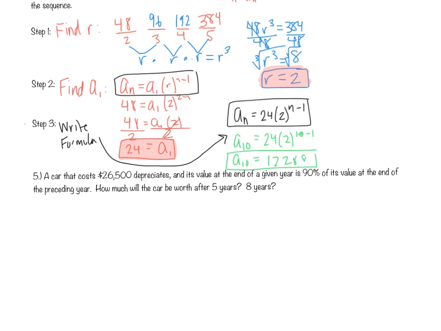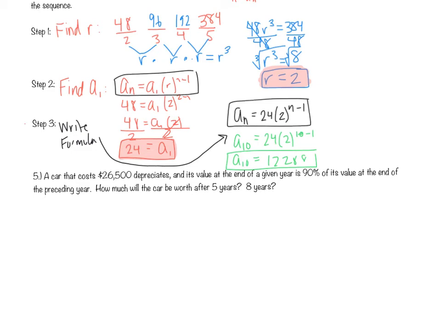So a car that costs $26,500 depreciates, and its value at the end of the given year is 90% of its value at the end of the preceding year. So how much will the car be worth after 5 years or 8 years?